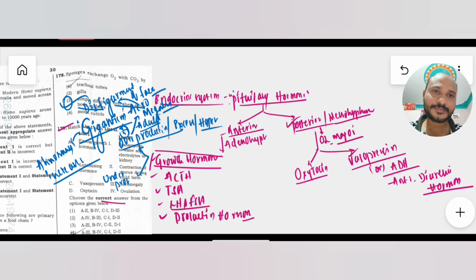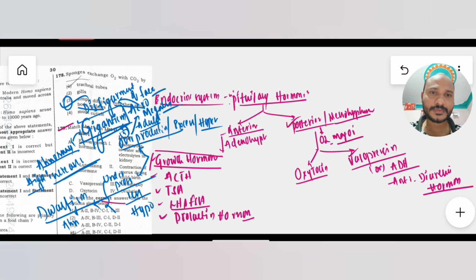underproduction means less, or hypoproduction, of growth hormone, it leads to a condition called dwarfism. Dwarfism means abnormally slow growth, or abnormal decrease in height. Abnormal increase in height is called gigantism, in children only.